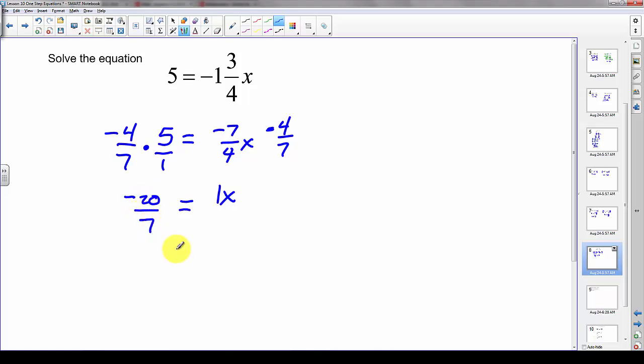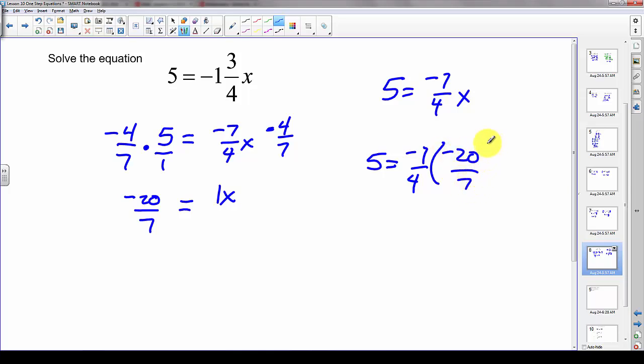Now keep in mind, we need to make sure all of these are correct. We should probably check these from time to time to see if this works out. So let's do that. If I have 5 equaling negative 7 over 4x, and I know that x is equal to negative 20 over 7, then 5 should equal negative 7 over 4 times negative 20 over 7.